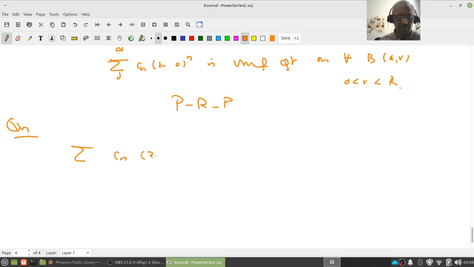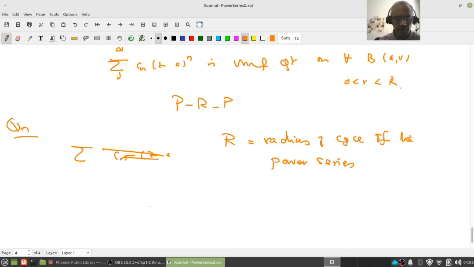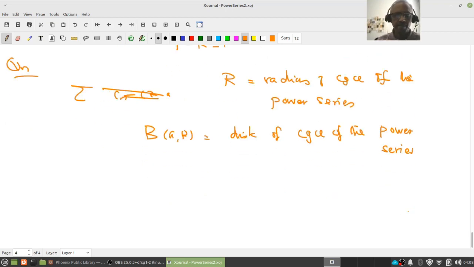This R is called the radius of convergence of the power series, and B(a, R) is called the disk of convergence. Remember, if R is infinity, then this is all of C. Keep that in mind.